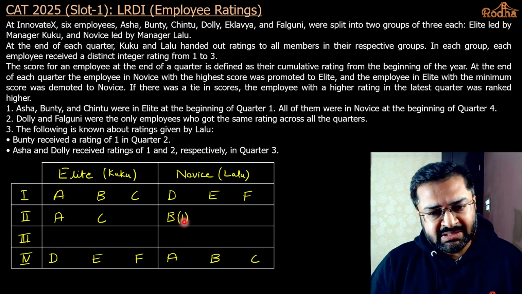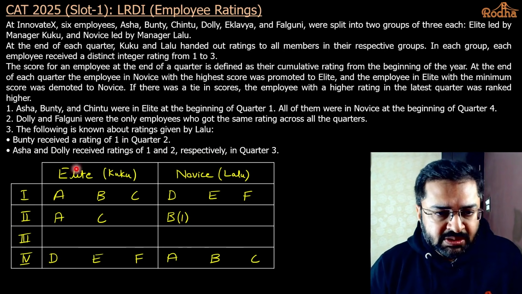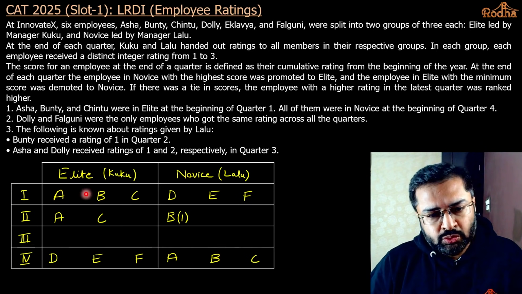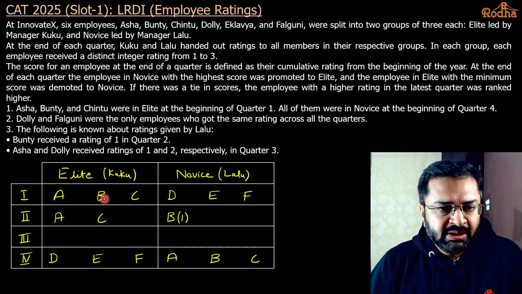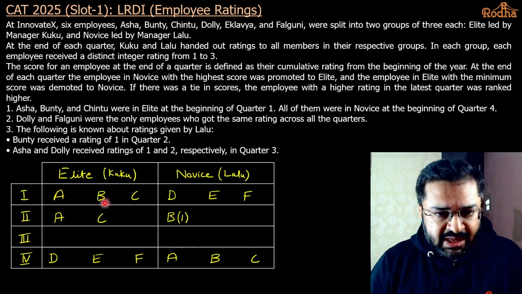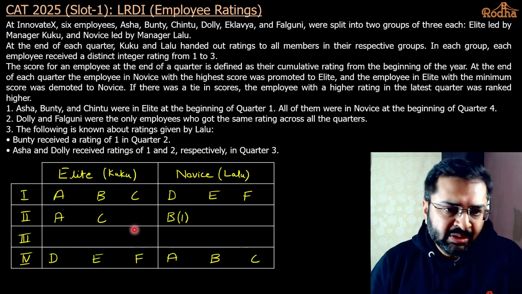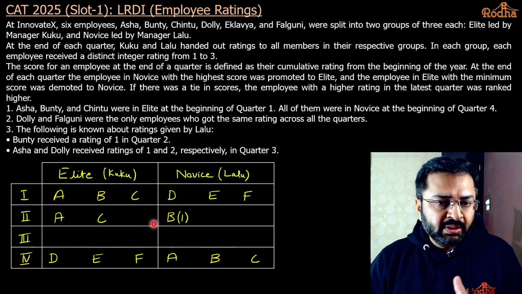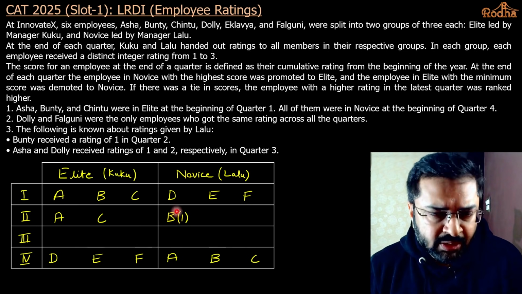Now here in this case, one thing is very obvious. Since these three, A, B, C, all went to novice, it must have happened like this: from 1 to 2, B moved here, then A must have moved here, then C must have moved here. And so once somebody changed the group, the person was never able to come back. Do you get the point?